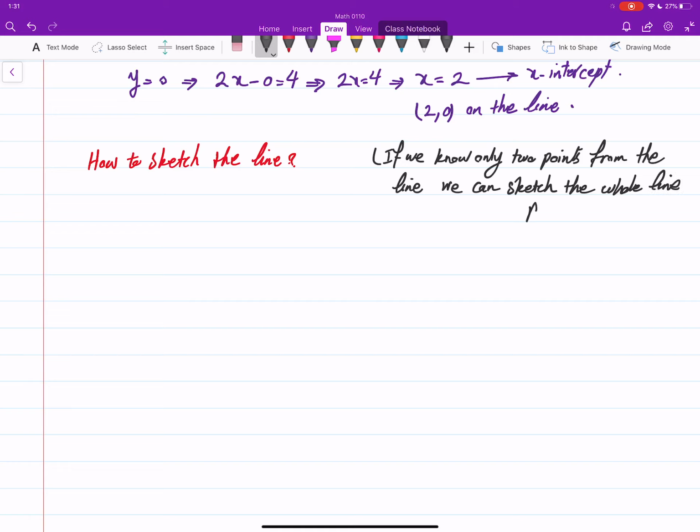Ask the ruler. The ruler will do it for you. Just put the ruler such that it passes through those points and draw the line. So for this, we have to follow these steps. Step one, find 2 points using the equation.